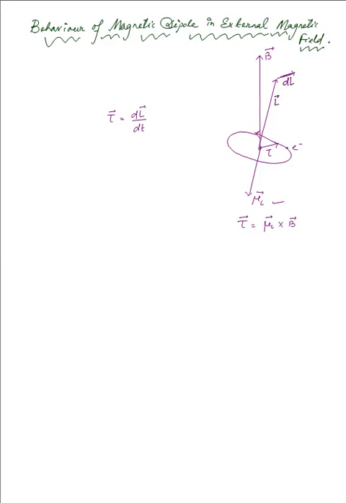Now with that dL, the torque will be acting constantly, and so will be the change that occurs in the angular momentum. This angular momentum is at an angle theta with respect to the external magnetic field, and it will try to maintain that angle theta, and as a result it will trace a conic path.